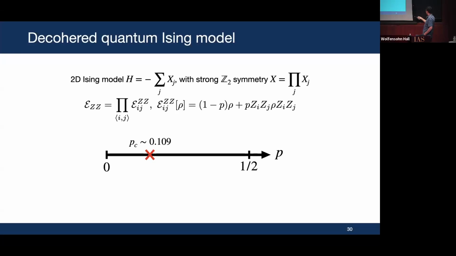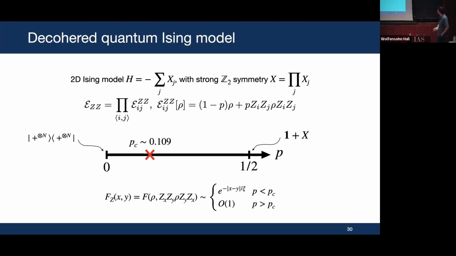Beyond 1/2, it's related to 1 minus p by a unitary, so we can just study this from 0 to 1/2. So there's some transition at a finite pc. And we know what happens at these two points. At p equals 0, it's a product state, a pure state. At p equals 1/2, you can check that we get this 1 plus X state.